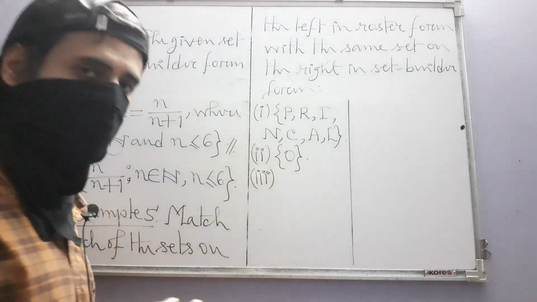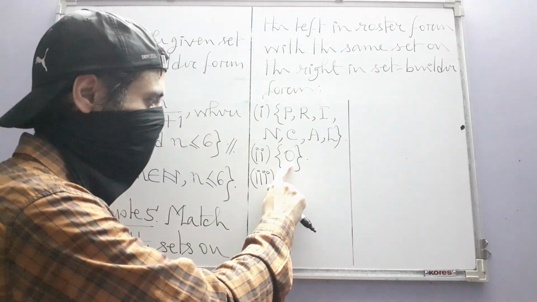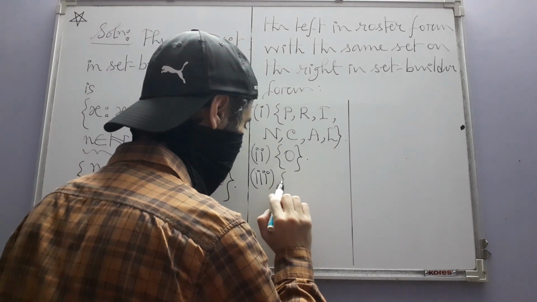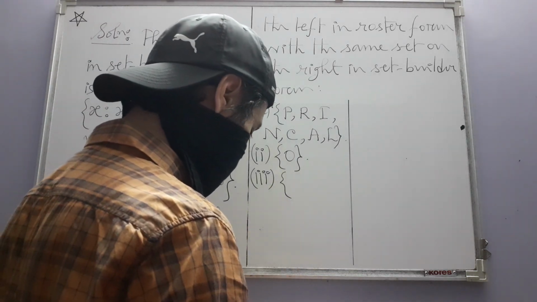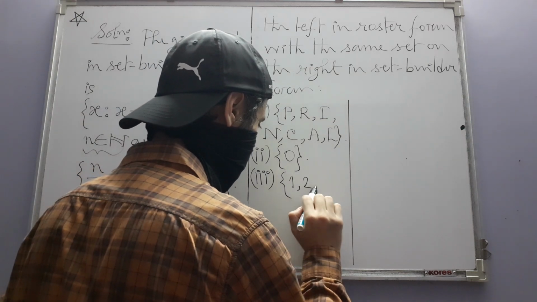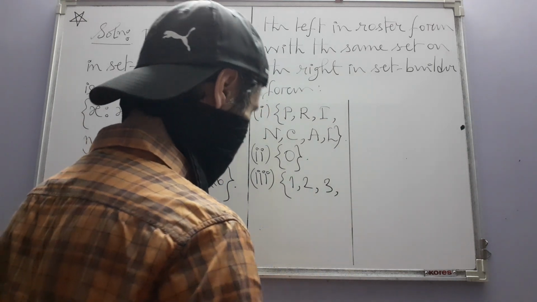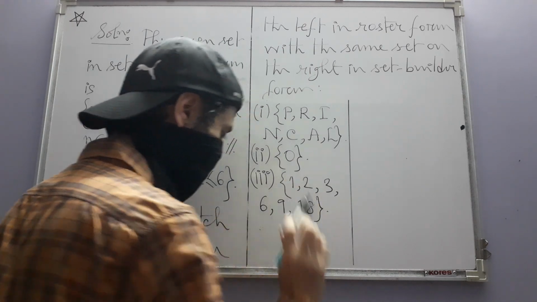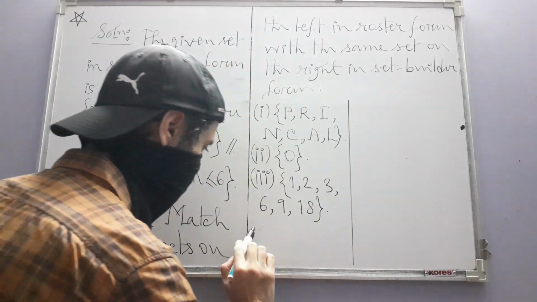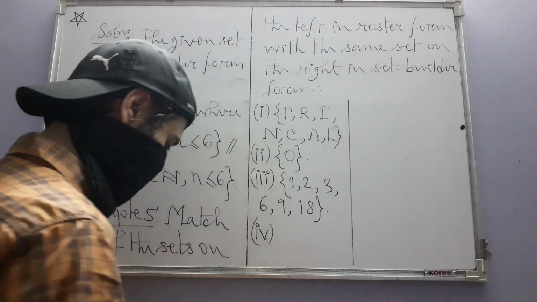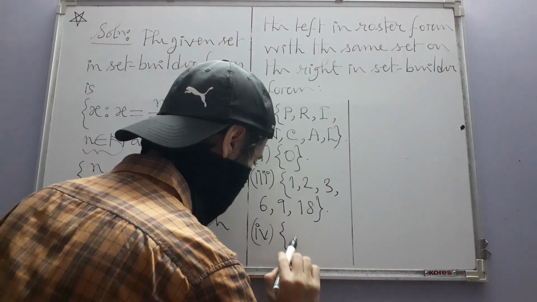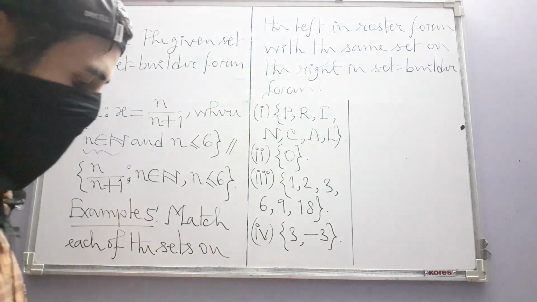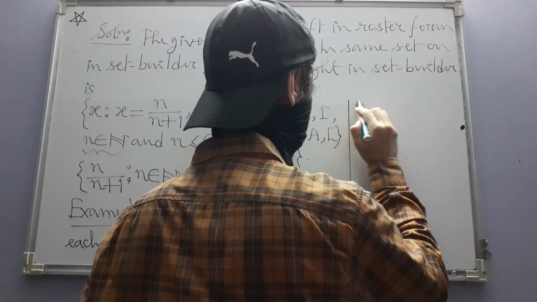A set is said to be singleton if it has only one element. Okay. Then the third set consists of these numbers 1, 2, 3, 6, 9, 18, and there is a fourth one also. It has two numbers 3 and -3, and on the right side we have these sets.